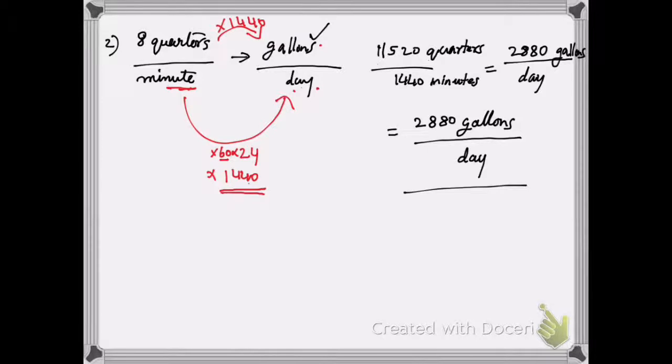And when you multiply the denominator with 1440, you are supposed to multiply the numerator also with 1440. That's what we are doing here. So when you multiply 8 with 1440, you will get 11,520.